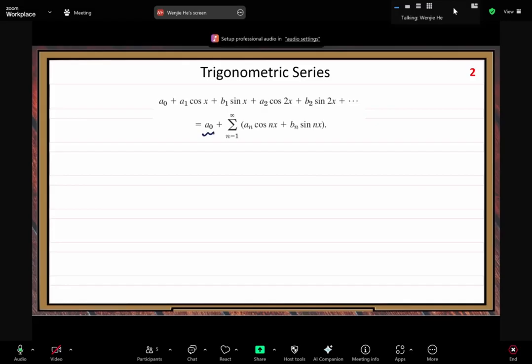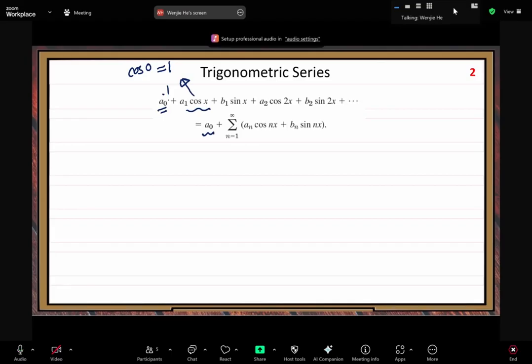The constant term, you can relate it to cosine of 0 equals 1. The constant term actually means this constant a0 times 1 times cosine 0. You can put this term in the category with the cosine terms.